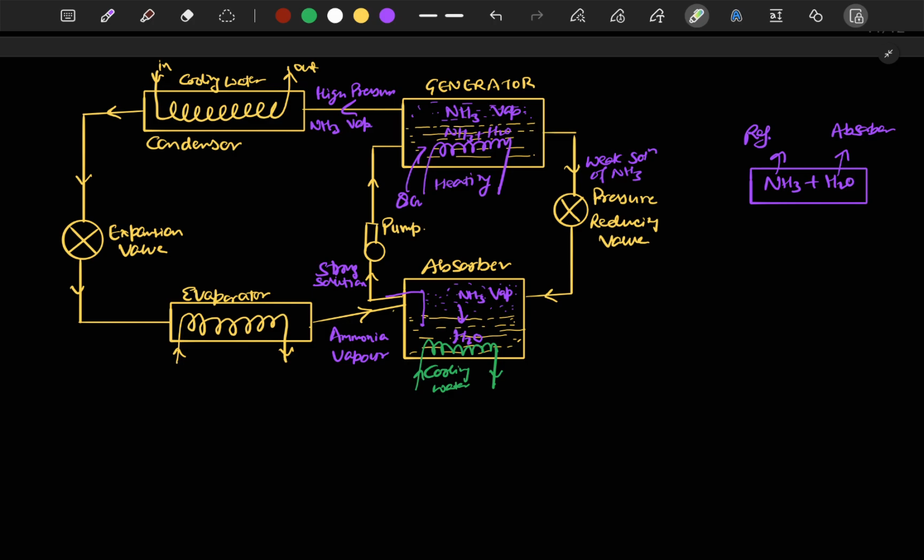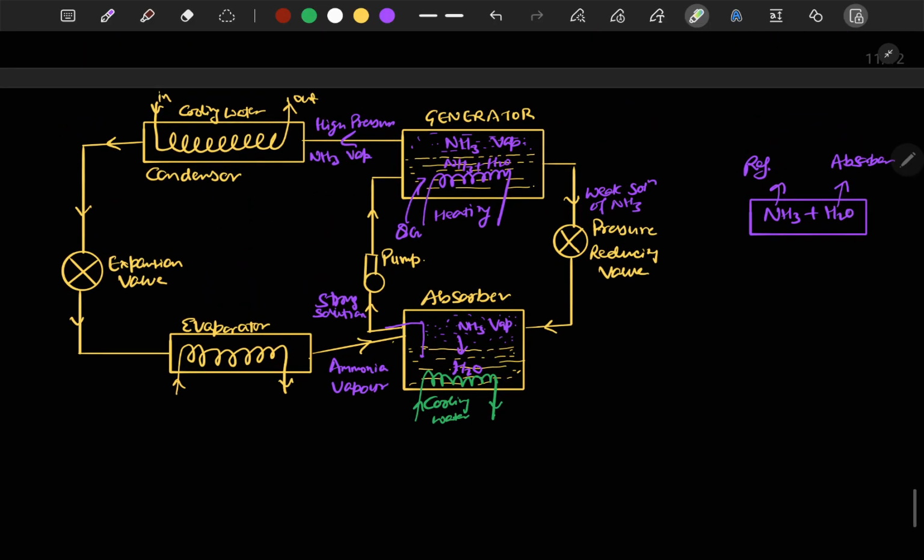So in that case, we install some more components. Now let me mention them here. Until now we have talked about the simple VARS.